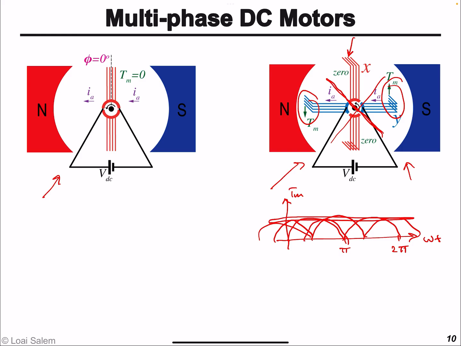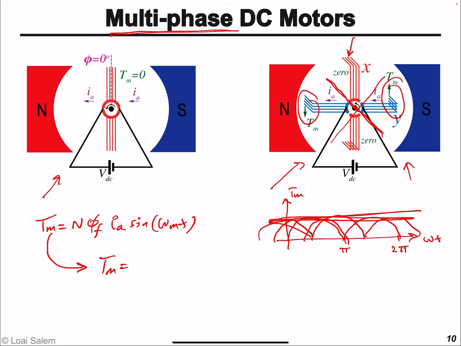So instead of having the torque as a function of time, what we'll see is in multi-phase DC motors, the torque approaches a constant value equal to the peak of the sine, which is equal to N phi f ia.